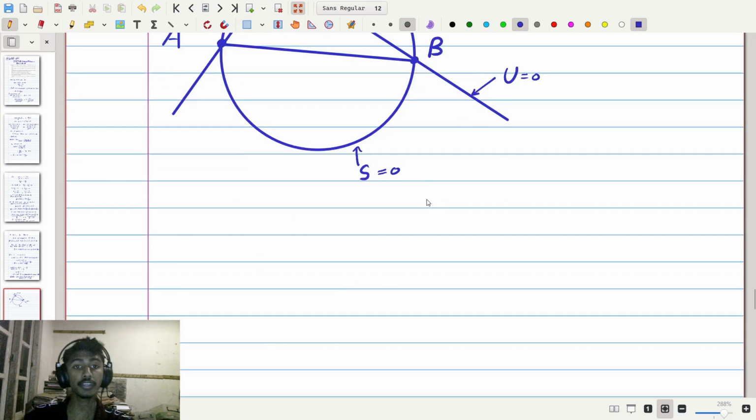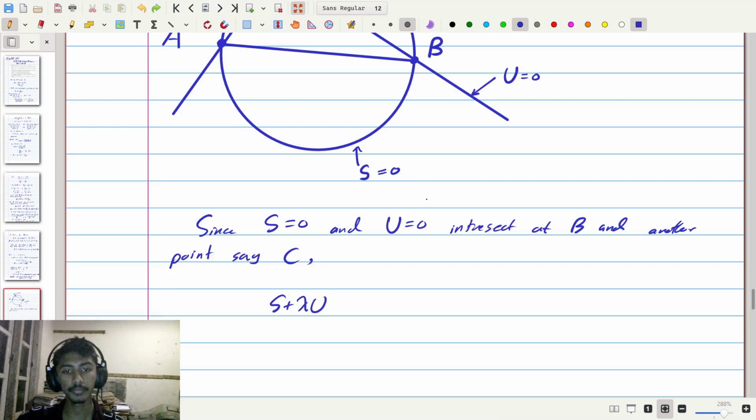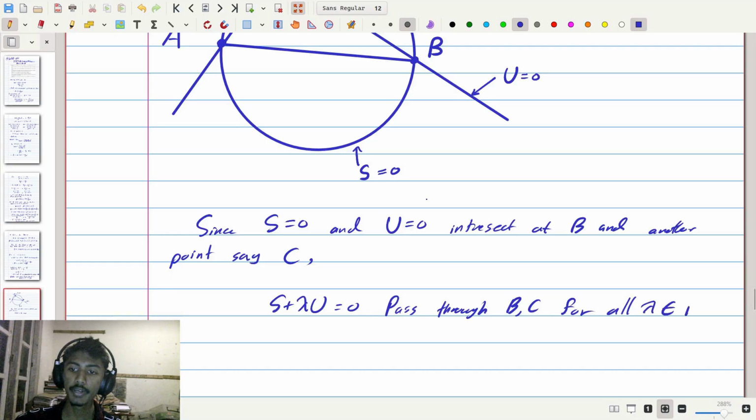So for this we need some explanation. Since s equals 0 and u equals 0 intersect at B and another point, we'll say C, s plus lambda u equals 0 passes through B, C for all values of lambda, an element of the real numbers.